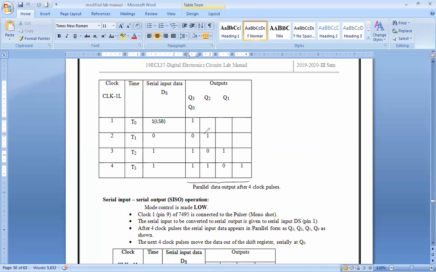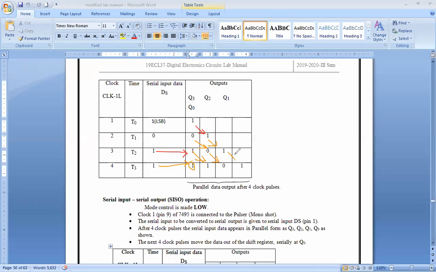In the next clock cycle, I'll be giving 1, so this 1 will come here, and the 0 and 1 are shifted one step towards the right. Then in the next clock cycle, I give 1. That's the 1 here, and the previous bits are shifted one bit towards the right.